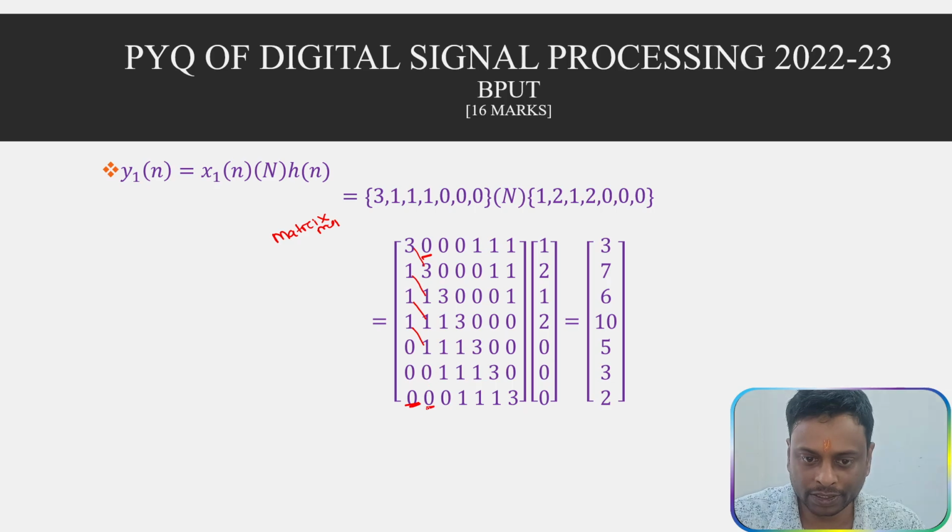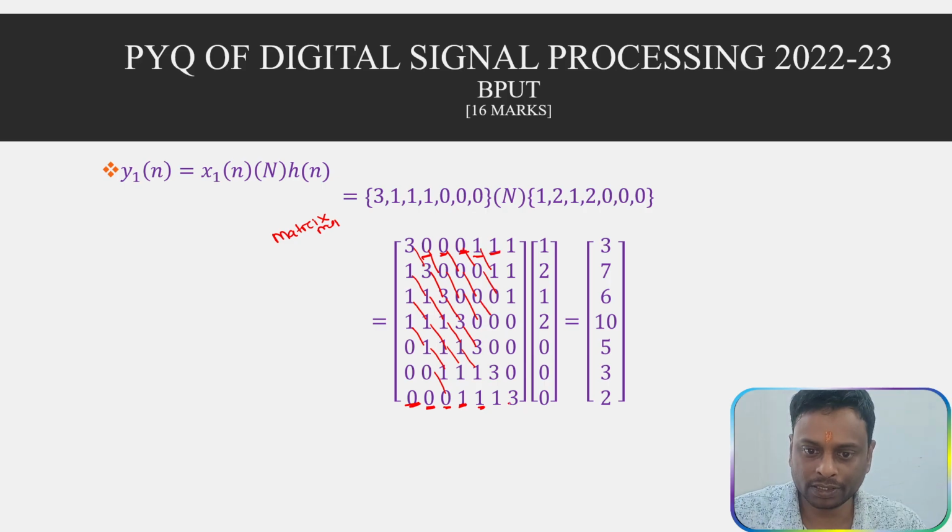Then this 0 comes over here and the sequence will be written this way, and the data will be shifted. Likewise, this one which comes over here, then the sequence will be written this way.